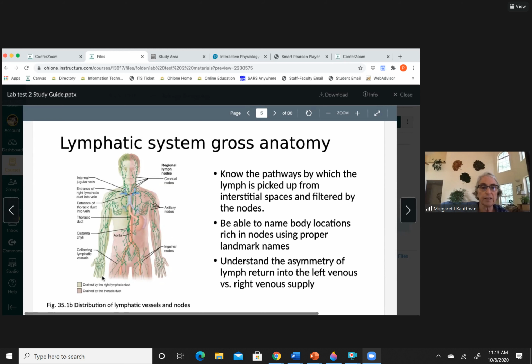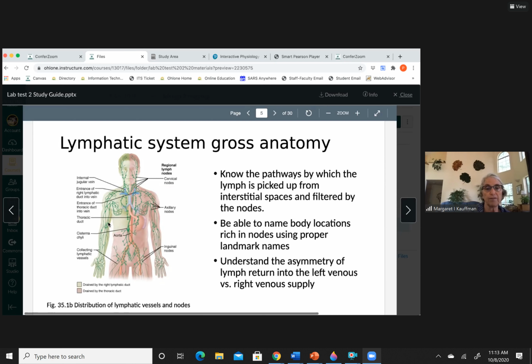And instead, the lymphatic system is picking up that extra fluid and it has to return it to the bloodstream. So this is showing you not only how that happens, but the location of lymph nodes that are there to filter that lymph in case it picks up pathogens or bacteria or fungi or viruses along the way, and to trap those things.